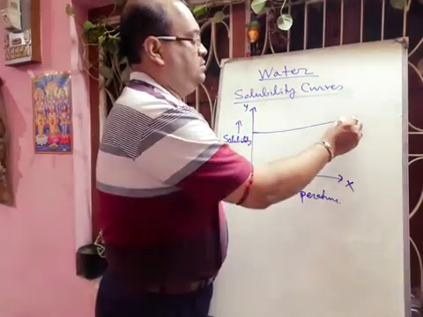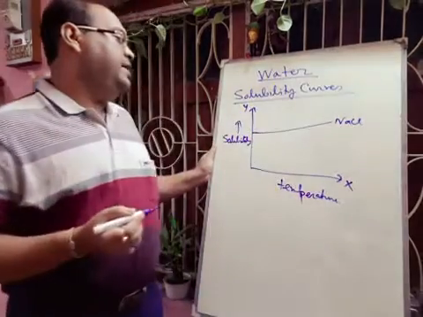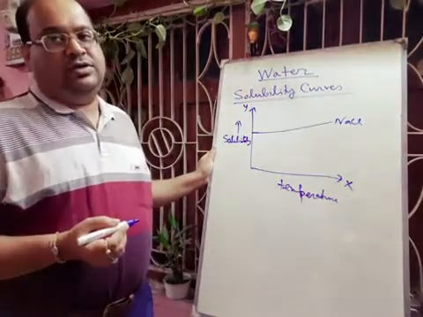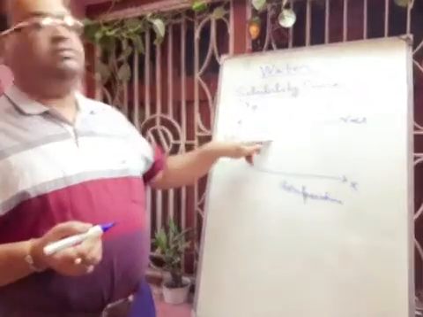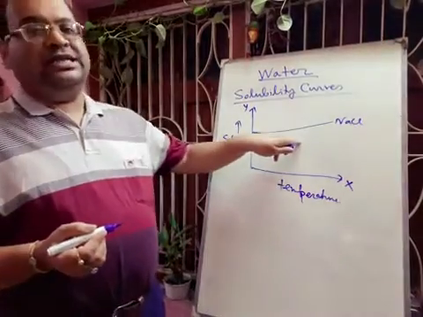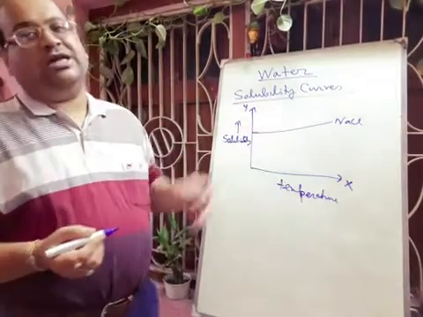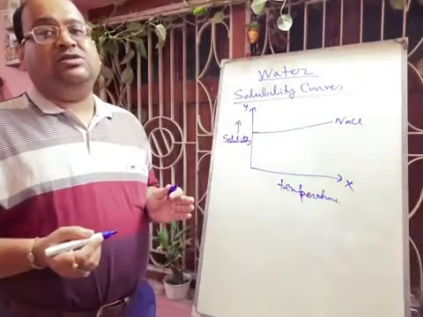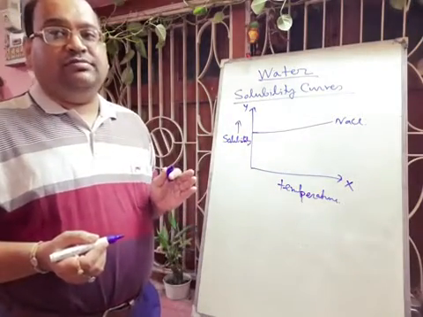So this is the solubility curve of sodium chloride. What we are observing here is that in case of sodium chloride, solubility increases to a small extent, not so much high.